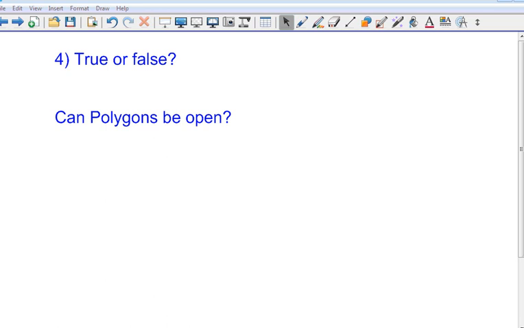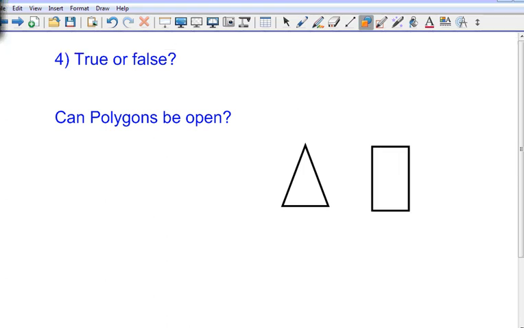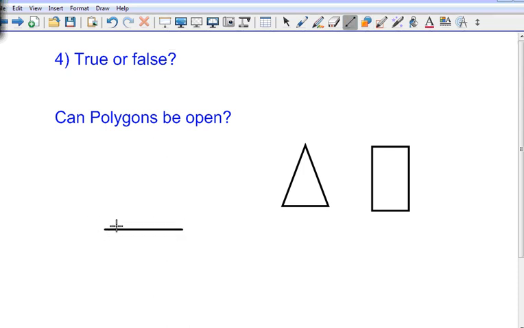All right, welcome back. We just saw the results. Now let's see what it means to be open. Polygons are shapes with many sides. Some polygons are triangles. Some other polygons are squares. An open shape means it's not closed in like this.